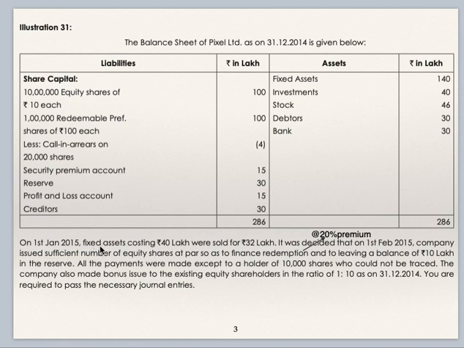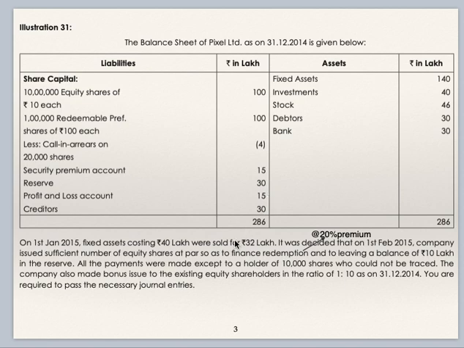On 1st Jan 15, fixed assets costing 40 lakhs were sold for 32 lakhs. So there is loss on sale of fixed asset, 40 minus 32, 8 lakhs. If you see, profit and loss account balance is 15.